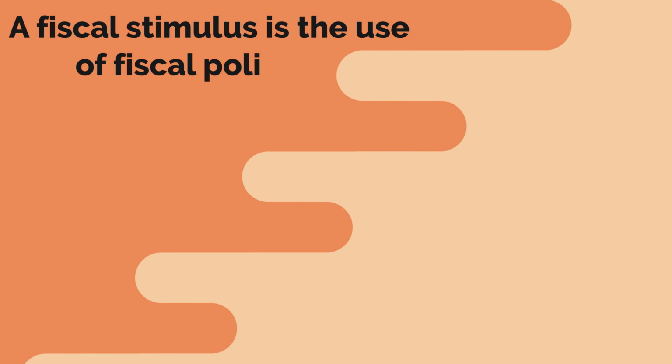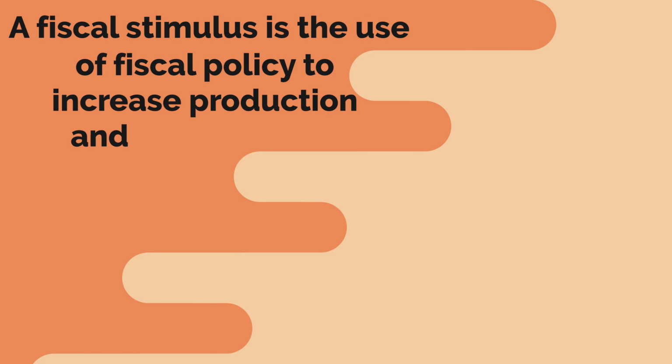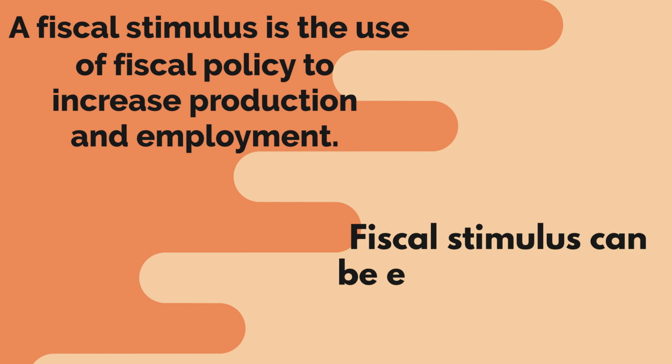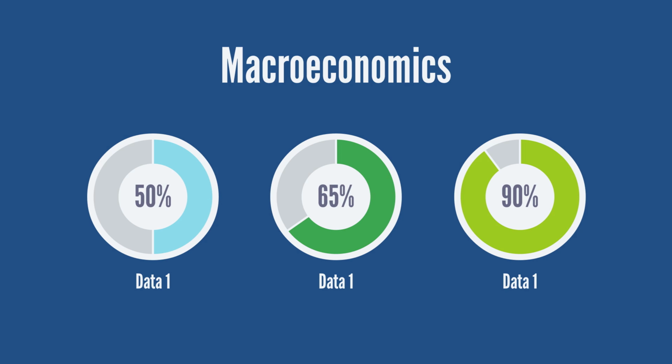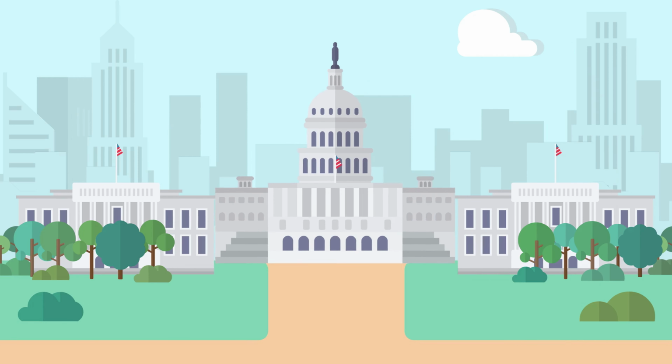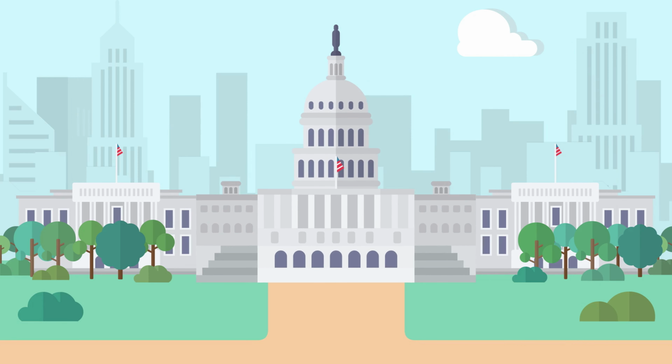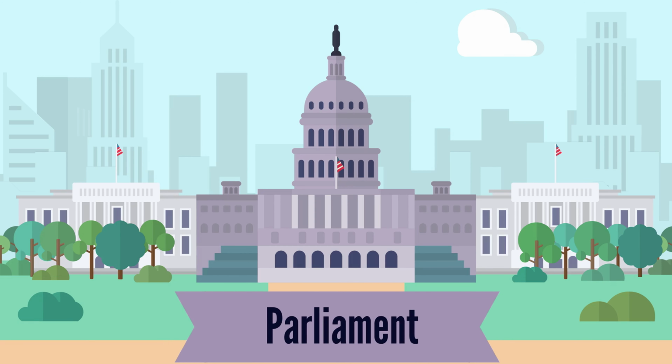A fiscal stimulus is the use of fiscal policy to increase production and employment. Fiscal stimulus can be either automatic or discretionary. Automatic fiscal policy is a fiscal policy action triggered by the state of the economy with no government action. Discretionary fiscal policy is a policy action that is initiated by an act of Parliament.